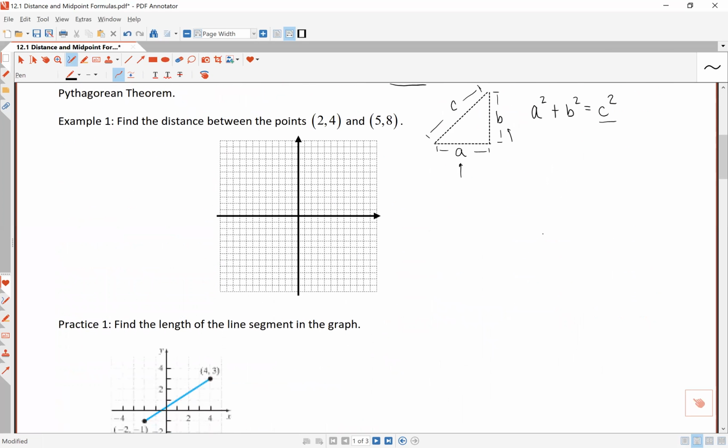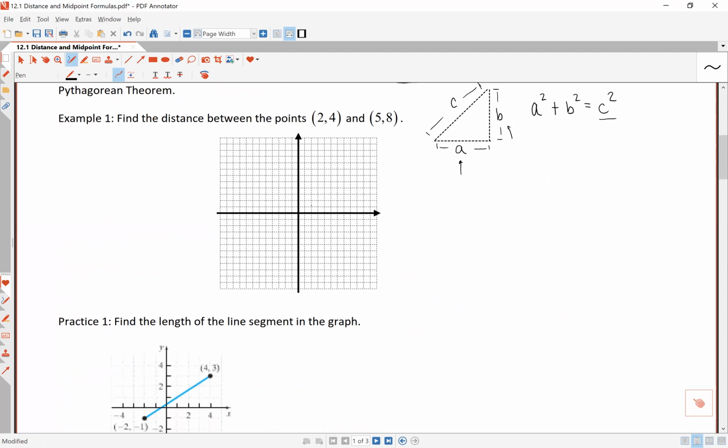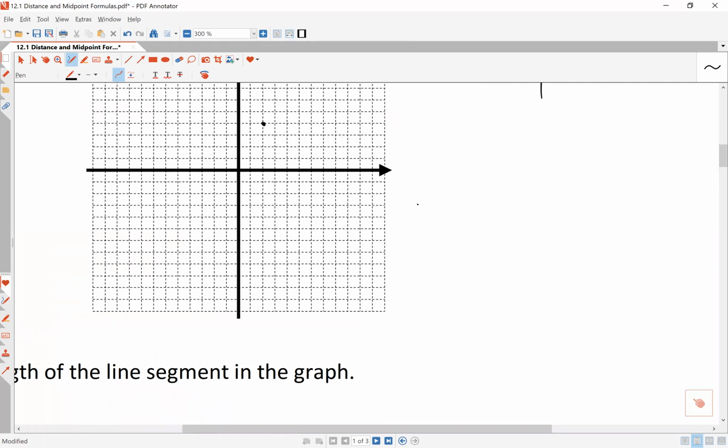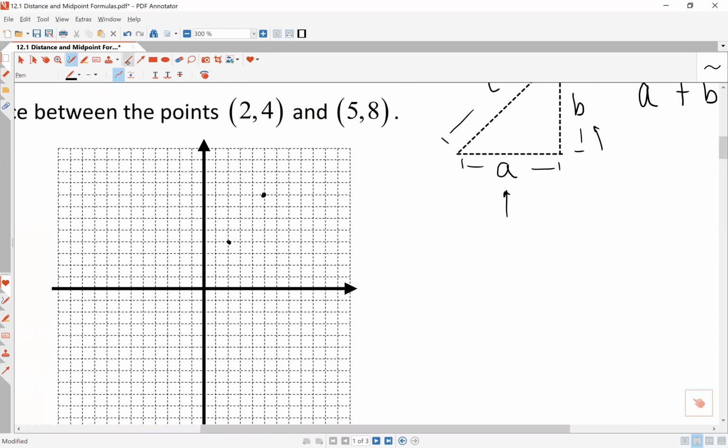So if we want to know the distance between these 2 points, 2, 4, and 5, 8, we form the right triangle between these 2 points. We've got the hypotenuse, we've got the side and the other side.